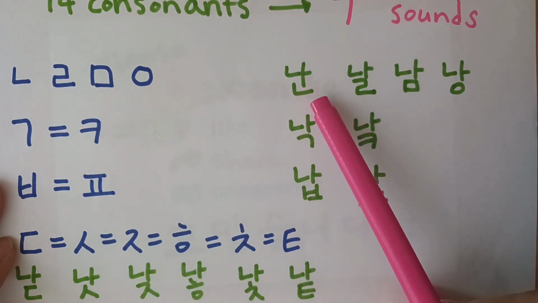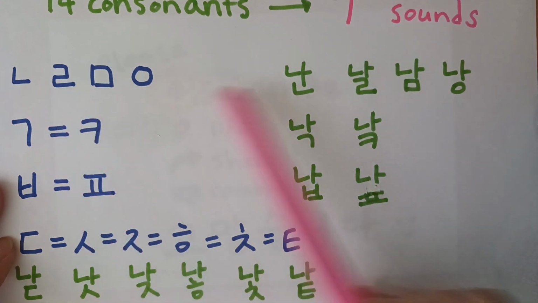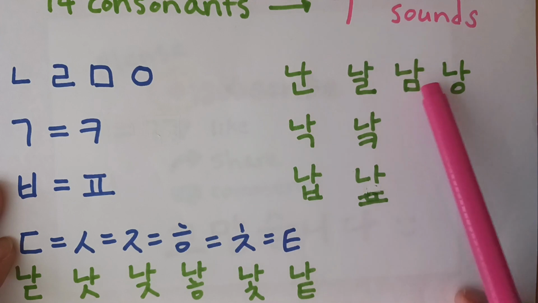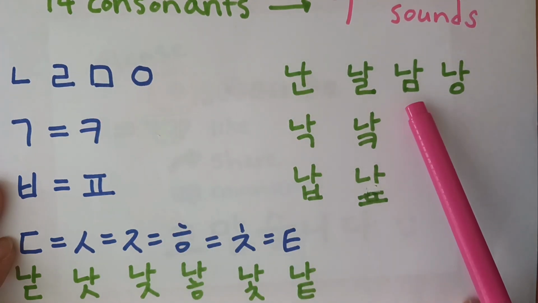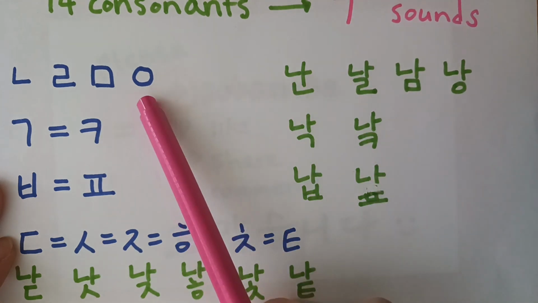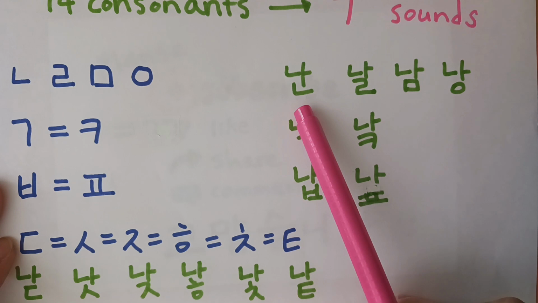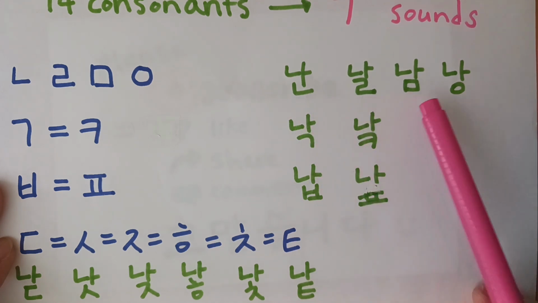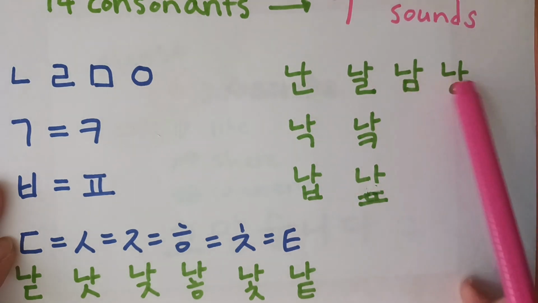Na, nal. Na with m as a final consonant, nam. Na with ng as a final consonant, nang. So nan, nal, nam, nang. They sound like they should be.